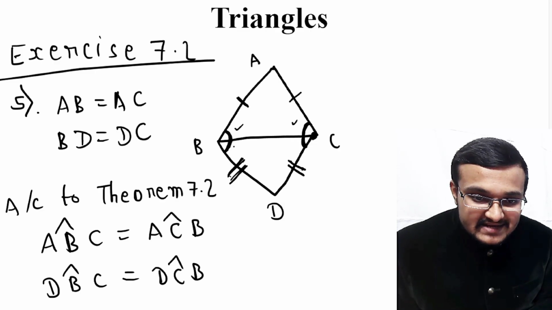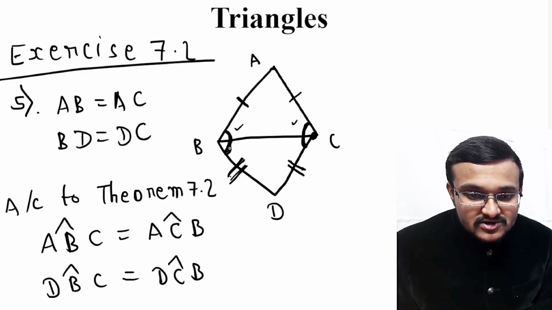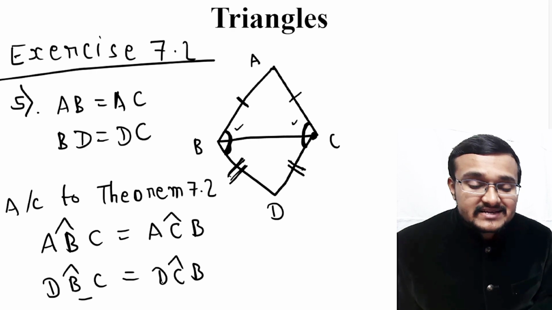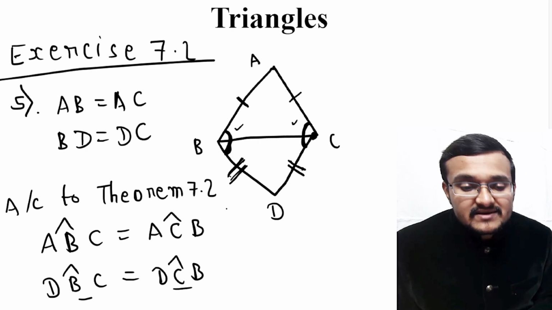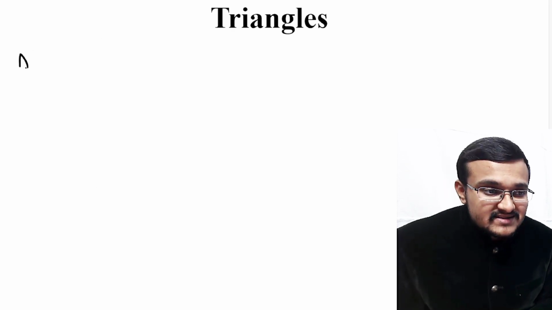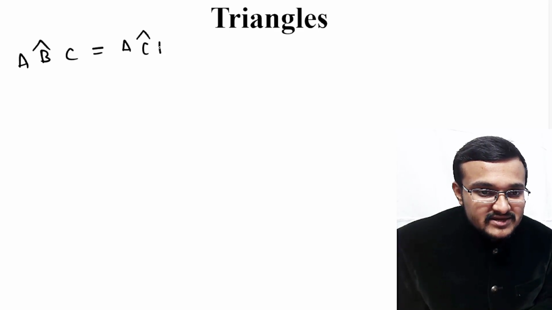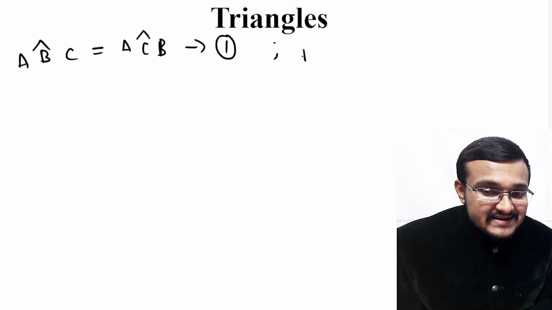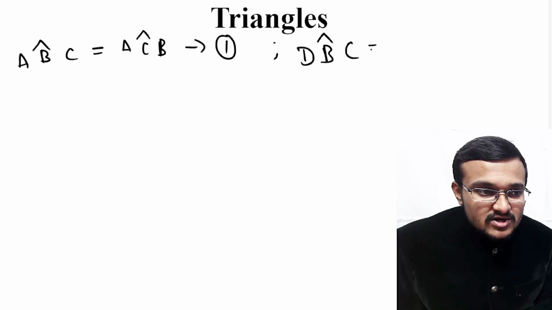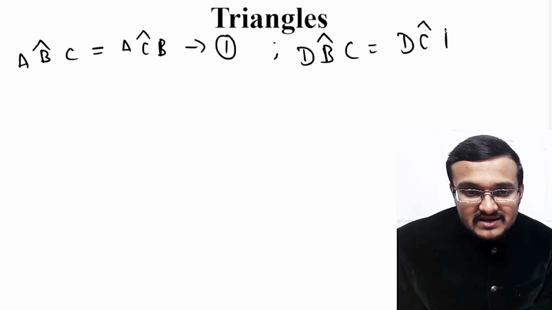So opposite angles of these equal sides will be equal to each other. That is, angle DBC is equal to angle DCB. So let me write this in a new slide. ABC is equal to ACB. Let this be equation 1 and DBC is equal to DCB. Let's call this equation 2.